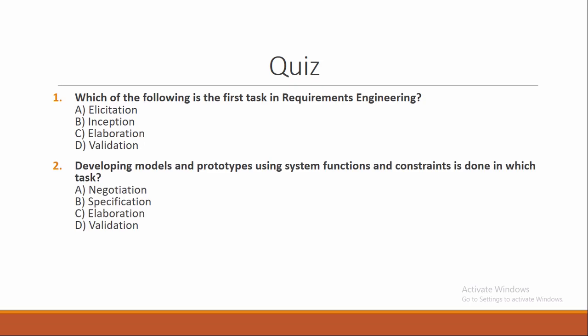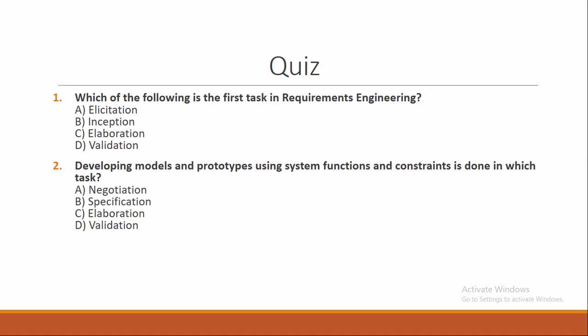The next question is, which task involves developing models and prototypes? So developing models and prototypes using system functions and constraints is done in which task? Options are A. Negotiation, B. Specification, C. Elaboration and D. Validation. Yes, what will be the answer, students?